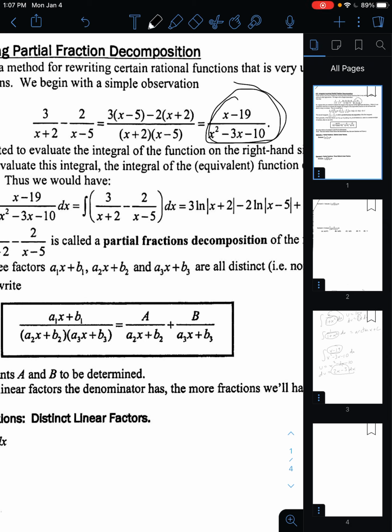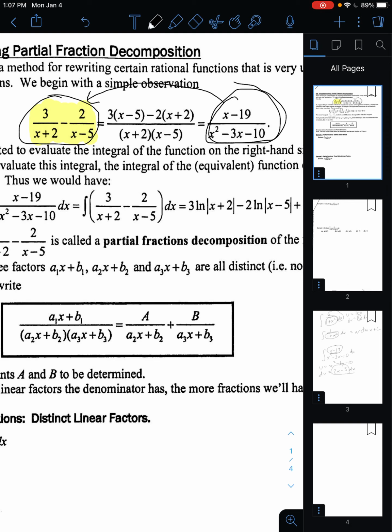There were two other fractions that were being added or subtracted to get to this fraction. In fact, this fraction can be broken down into these two fractions being subtracted, and they're basically equivalent. And I would be able to integrate these two fractions separately, with natural logs that we're going to be getting into.